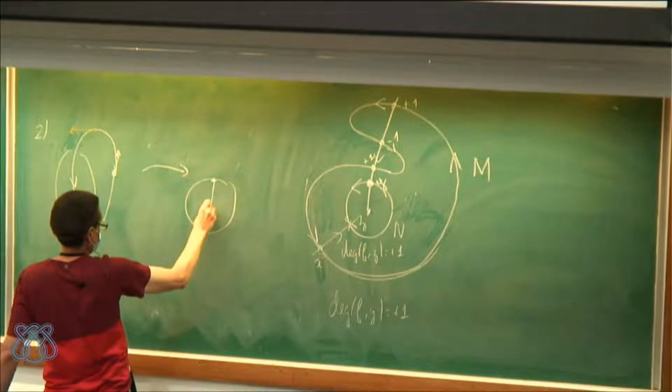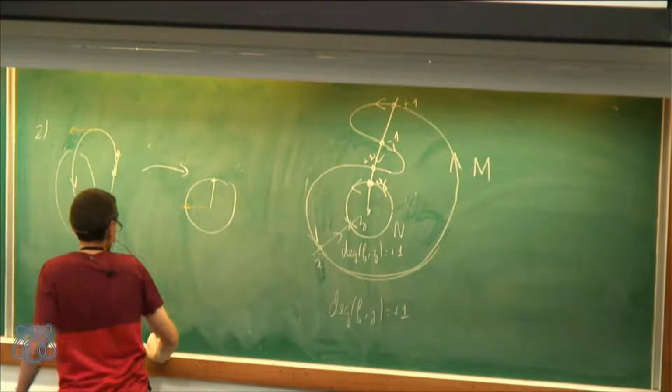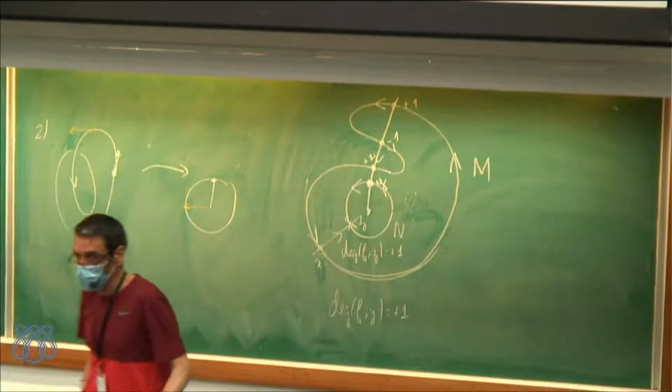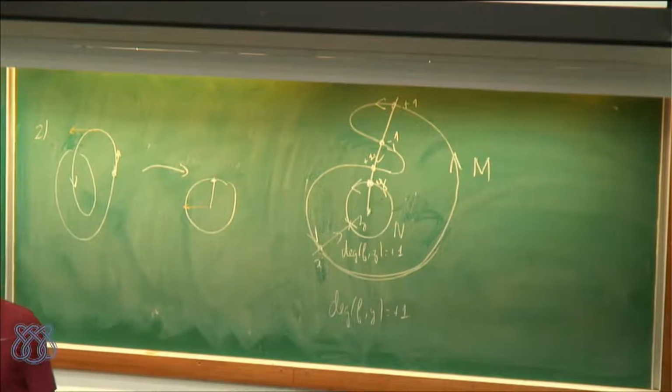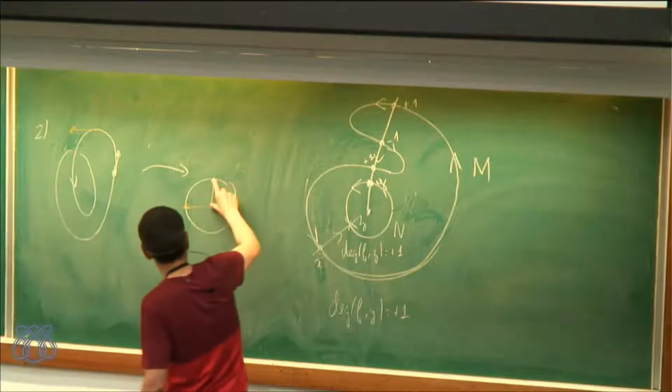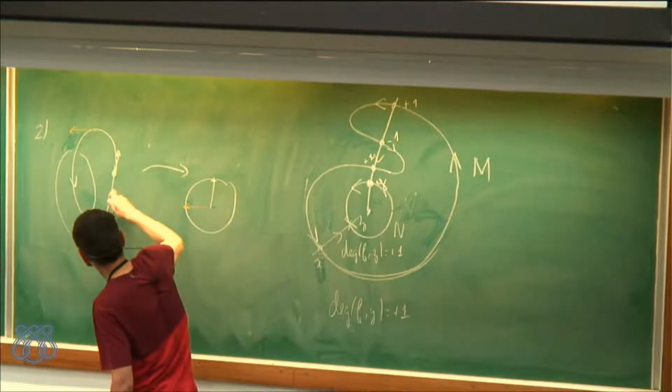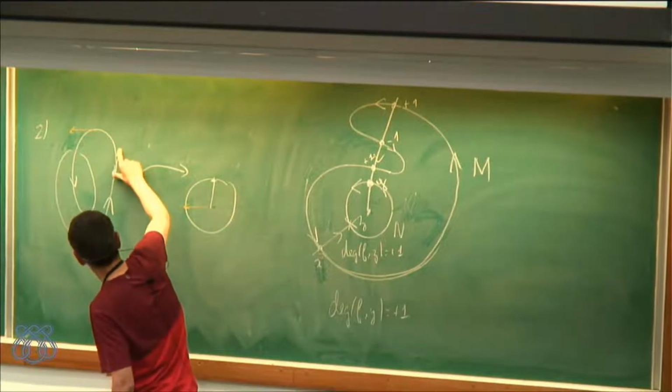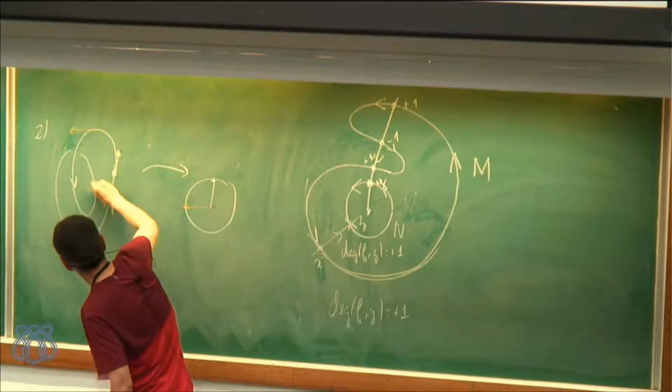We send here. So what is the degree here? Yes, this is 2. You see, take for example this vector here. Yeah, it has 1 pre-image here and another one here.